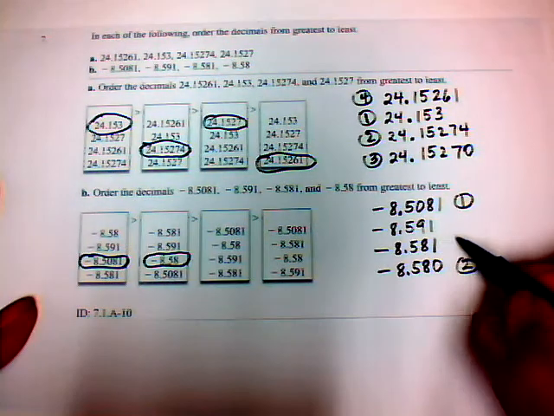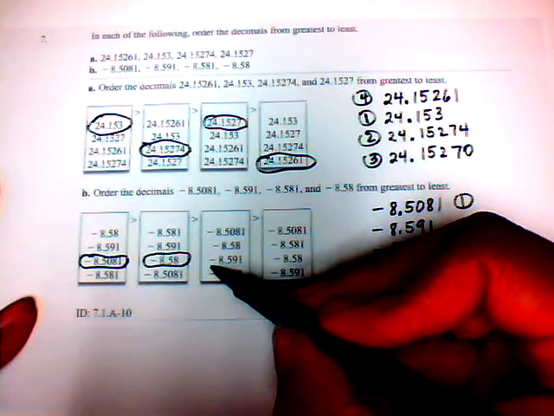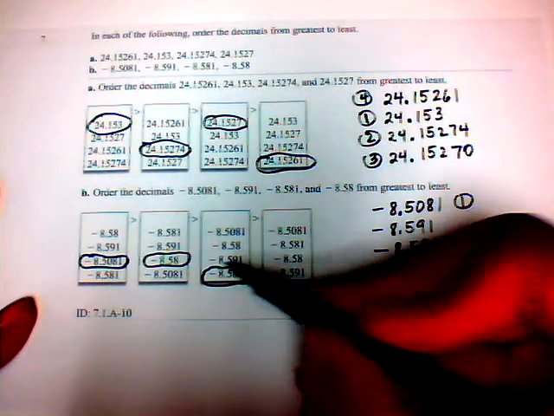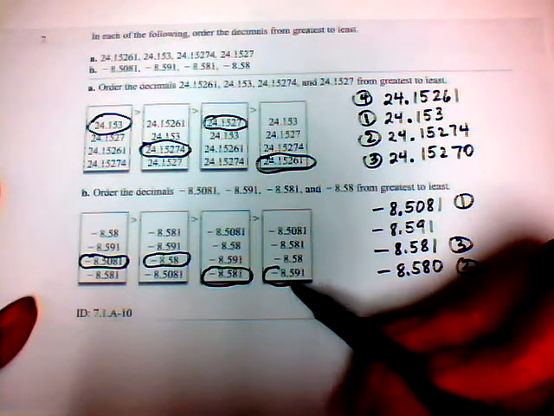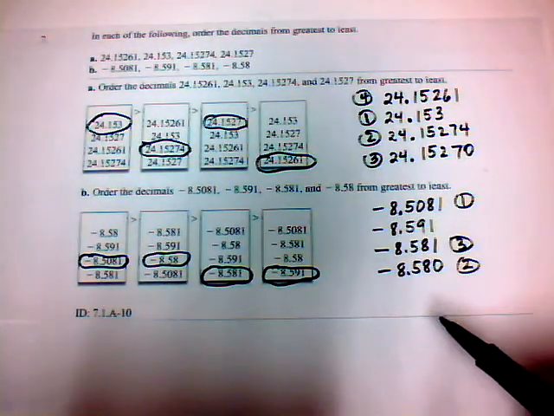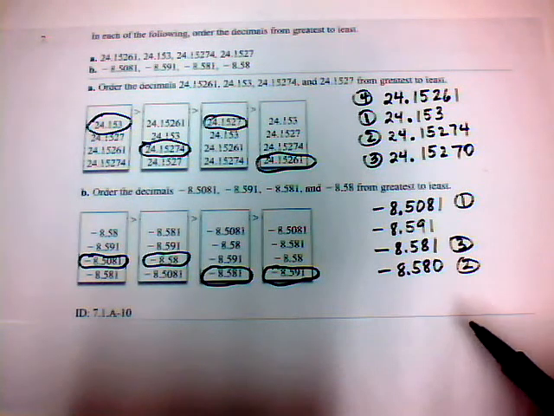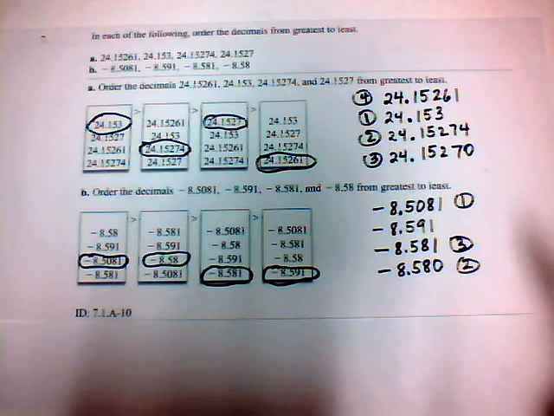And then this next one will have to be negative 8.581, which will be this one. And then the last one will be 8.591. Okay, now this one with negatives, you have to think about which one of these will be closer to 0 than the other. And negative 8.5081 will be closer to 0.